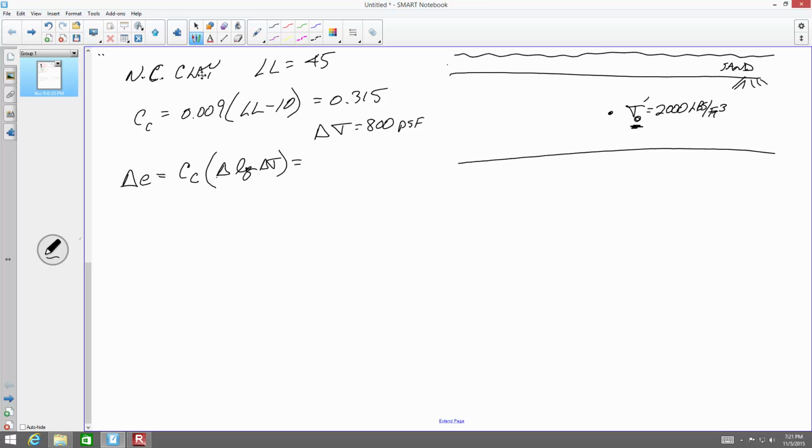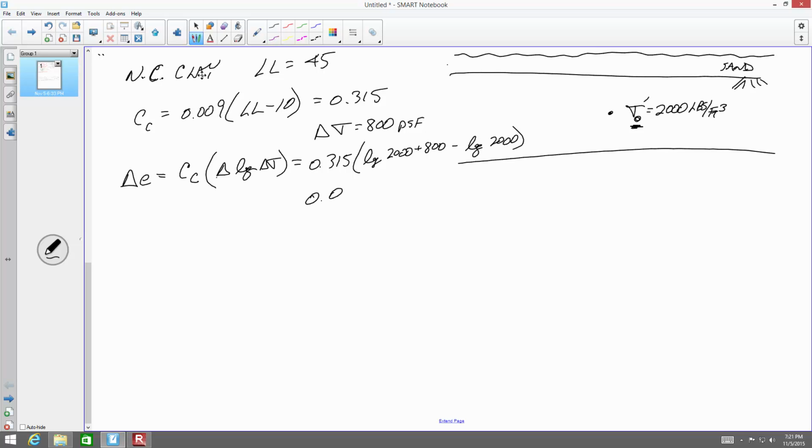We already figured out what C sub C is. And this is a bad problem from an exam standpoint that they wouldn't do to you, because if you mess one up, that's going to mess two up. But you'd have 0.315 times the log of 2,000 plus 800 minus the log of 2,000.